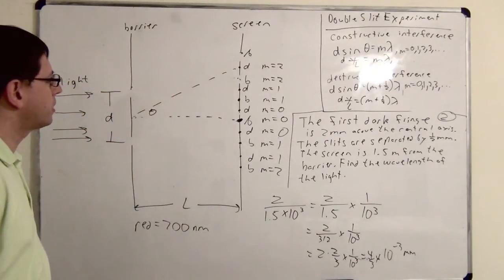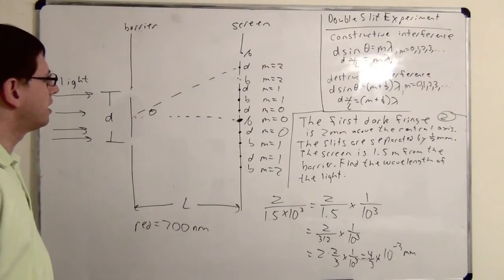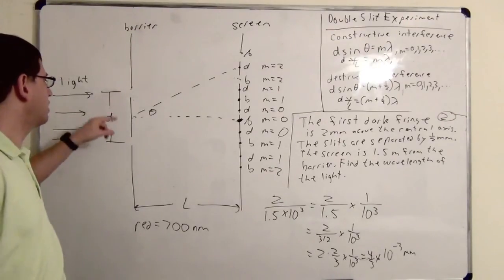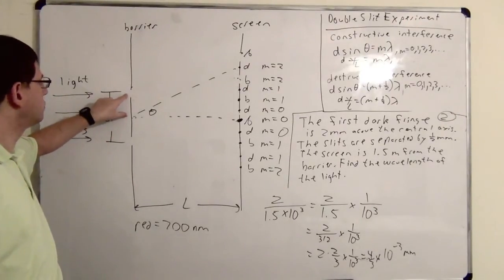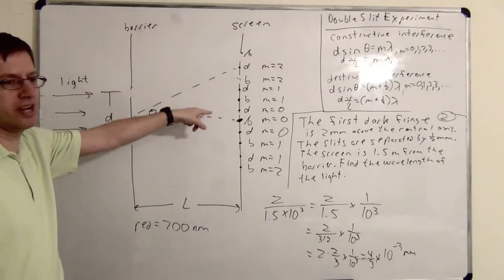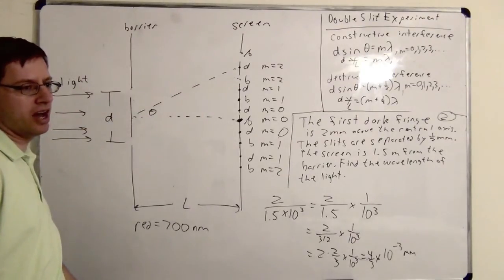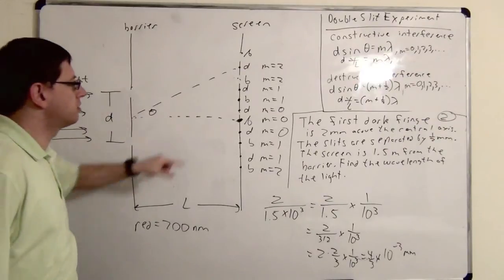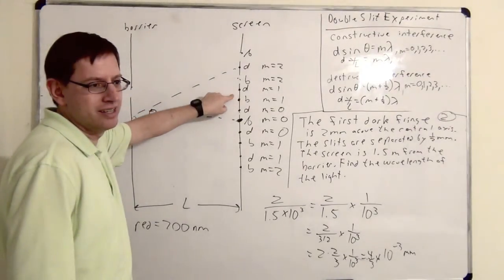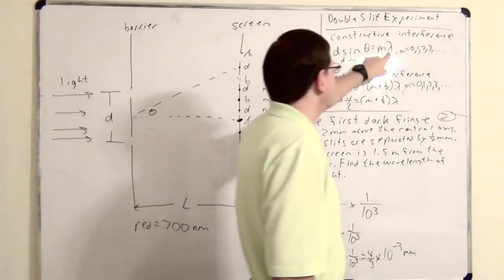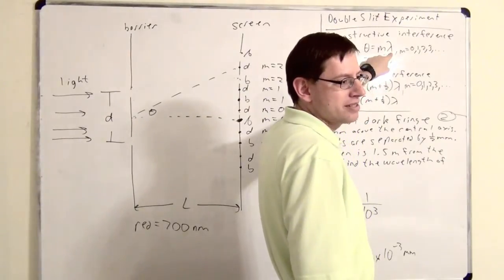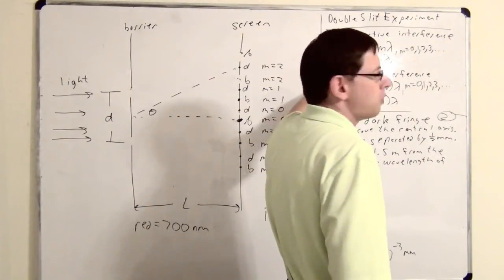So, one thing that we should point out here that you might not have realized: would you agree that if you shine one color through the barrier, you'll get one pattern of dots? But then if you turn that light off and you shine a different color, you'll get a different pattern of dots, because different colors give you different wavelengths, and different wavelengths will give you different Ys.